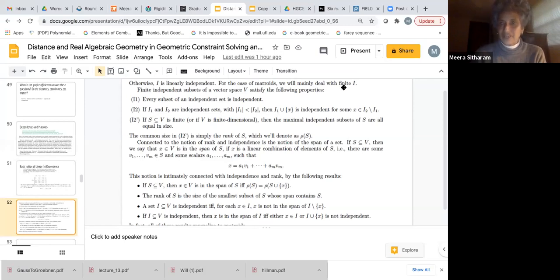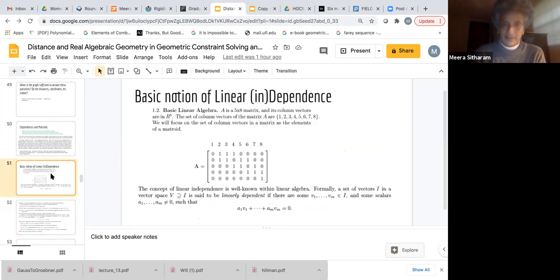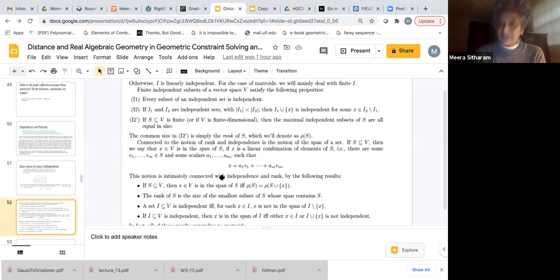And in general, we'll deal with only finitely many such entities. Here, the entities are the columns or the vectors. Remember, we're always trying to extract, axiomatically, what we mean by independence. What are the key properties of independence or dependence that we can extract and then talk about combinatorially?